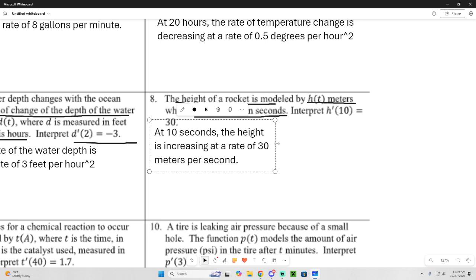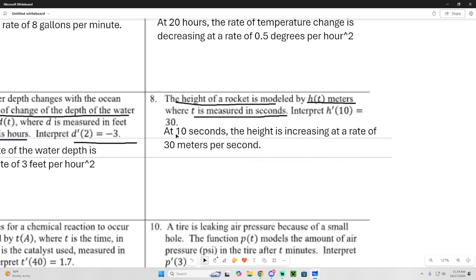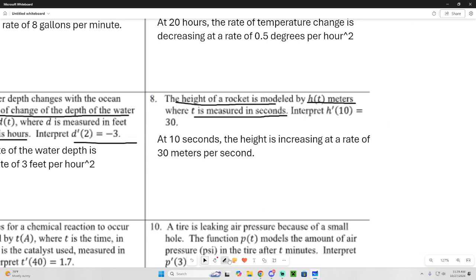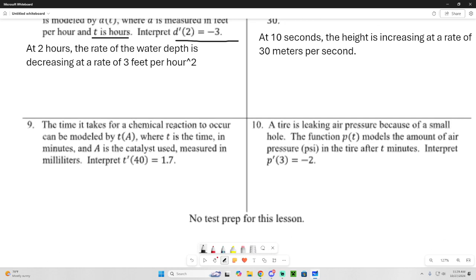So let's just break this down. 10 is our number here, and seconds is our independent variable. The height, because that's what we're measuring, is increasing because our derivative is positive, at a rate of 30, which is our result, meters per second. So our dependent per our independent, and that's basically it.